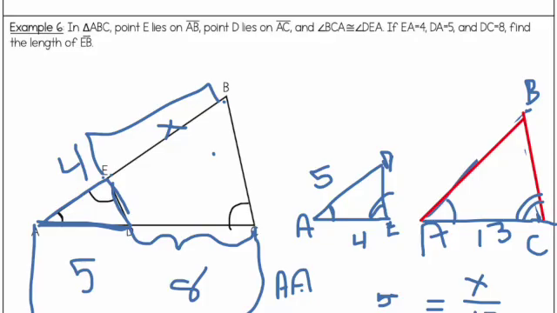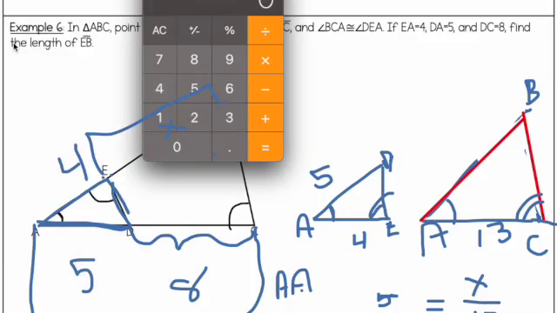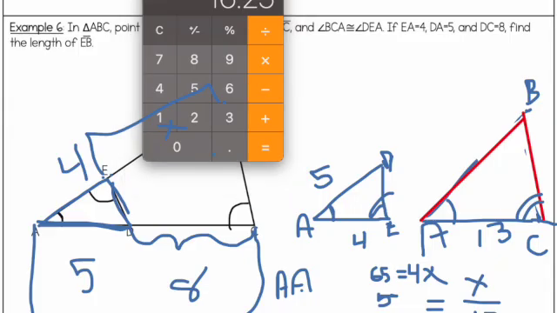Okay, so we end up with 13 times 5 is 65 equals 4x. So let's divide that by 4. And you have 16.25 for x. So the whole line should be 16.25.